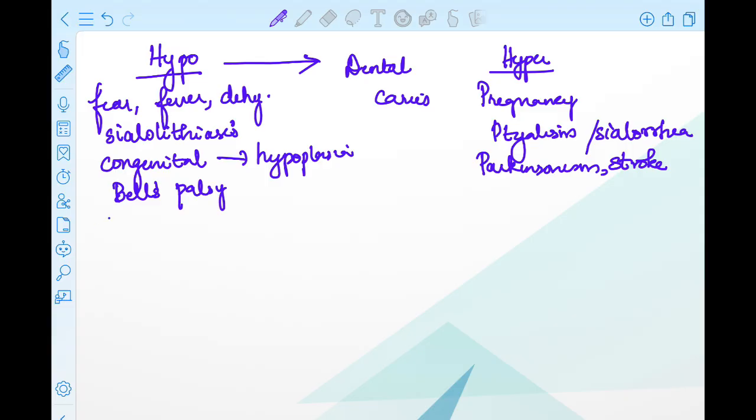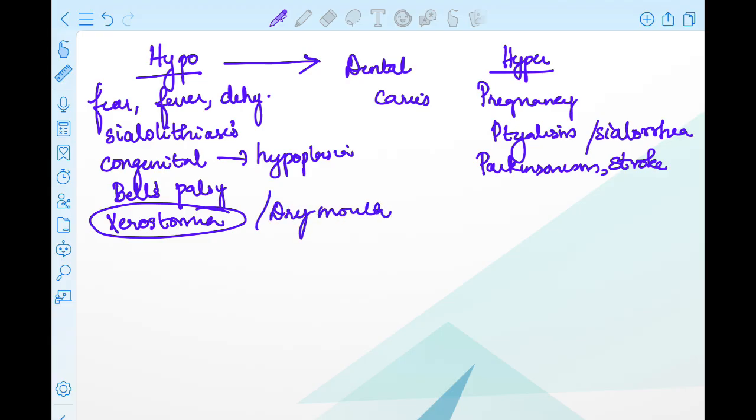And another clinical condition is xerostomia. Xerostomia is the word for dry mouth. So the causes are definitely dehydration, renal failure, or a syndrome known as Sjogren's syndrome, which is the most important syndrome associated with the xerostomia condition. Then in case of patients who have undergone radiotherapy for cancer treatment, then trauma, then various side effects of drugs that we already saw, drugs like antihistamines, antidepressants.